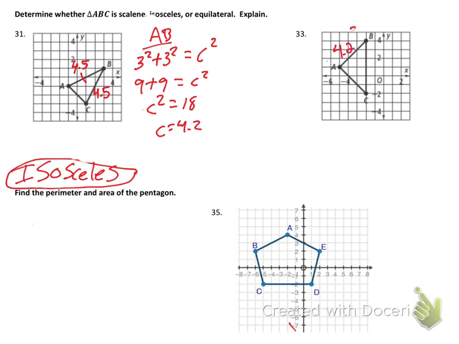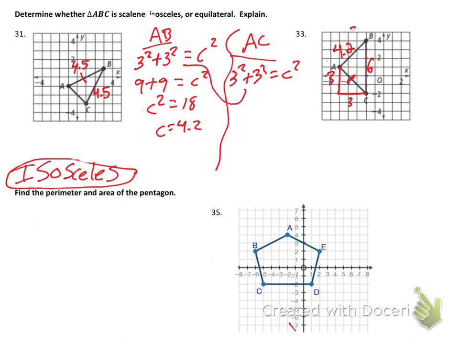Now I gotta go, I can count B to C. It's gonna be 1, 2, 3, 4, 5, 6. So that's 6. And then I gotta do AC. So AC, gonna make that right triangle here. This is gonna be 1, 2, 3. This is gonna be 1, 2, 3. So that'd be 3 squared plus 3 squared is equal to C squared, C being AC.